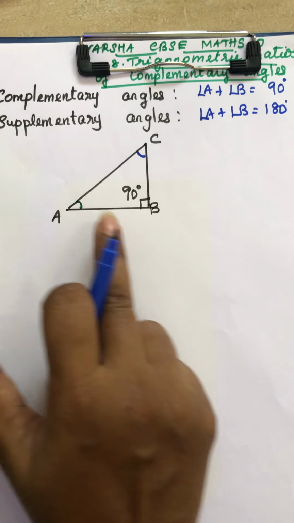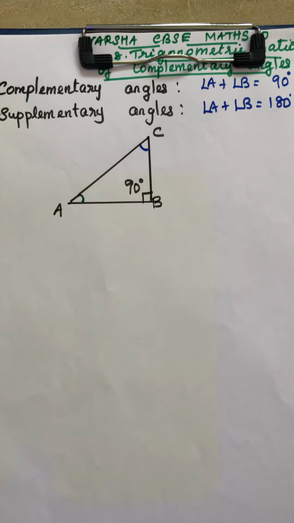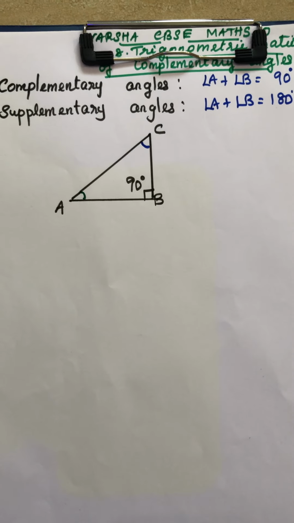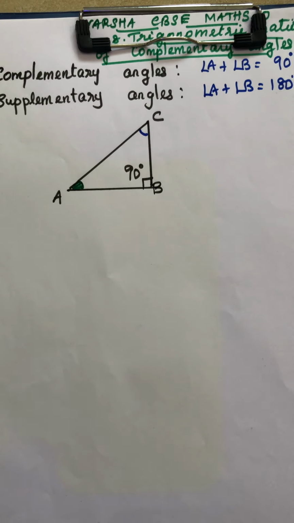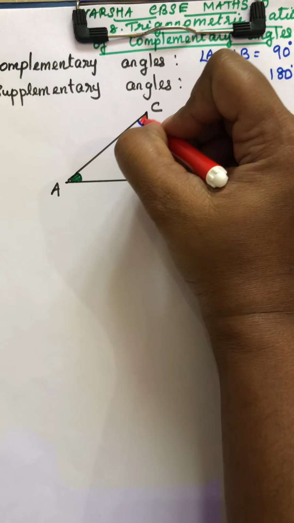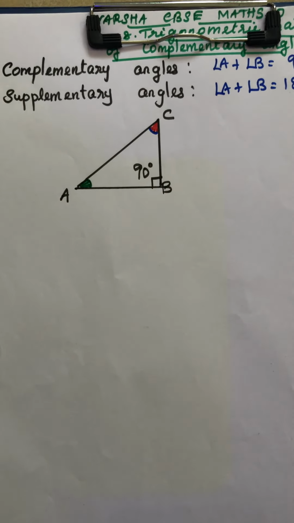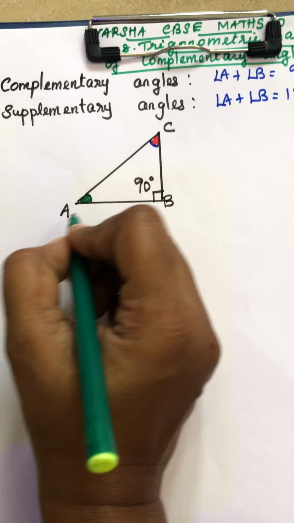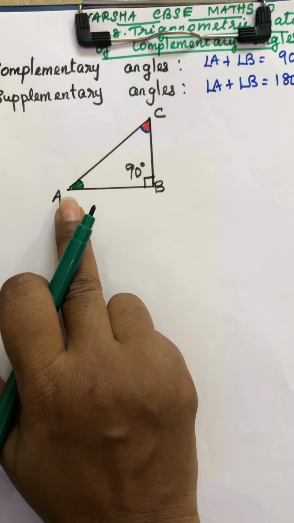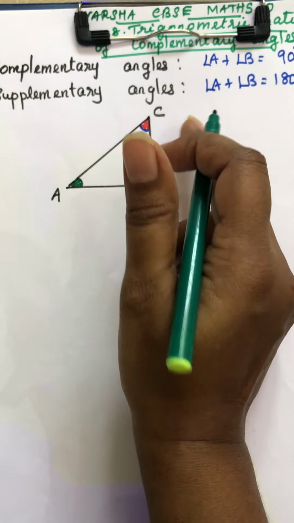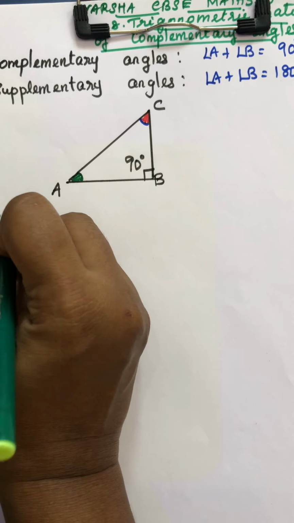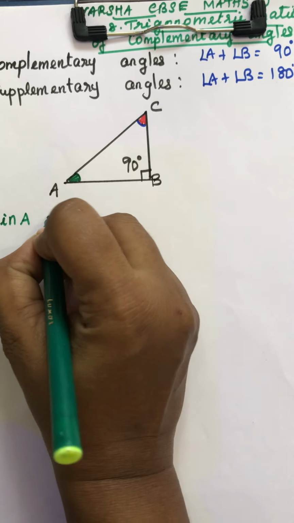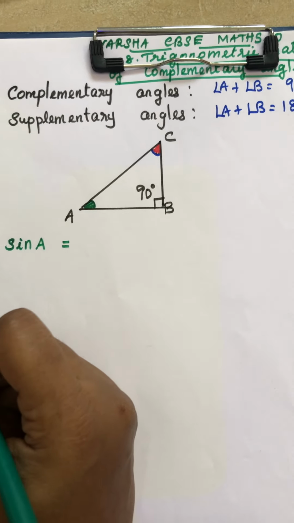Now, you have a triangle. To differentiate, I am using two colors, green and red. For angle A, this is called A and this is C. So what is your sin A?